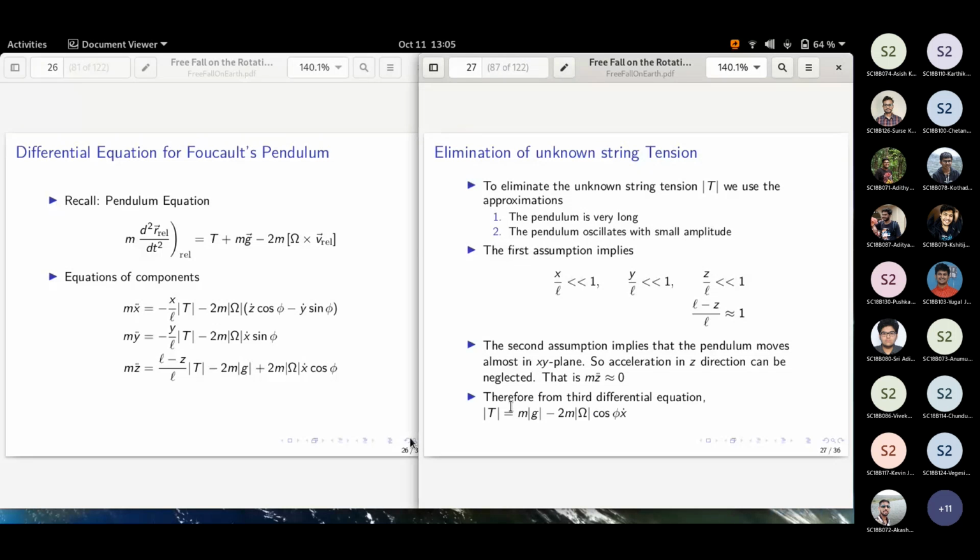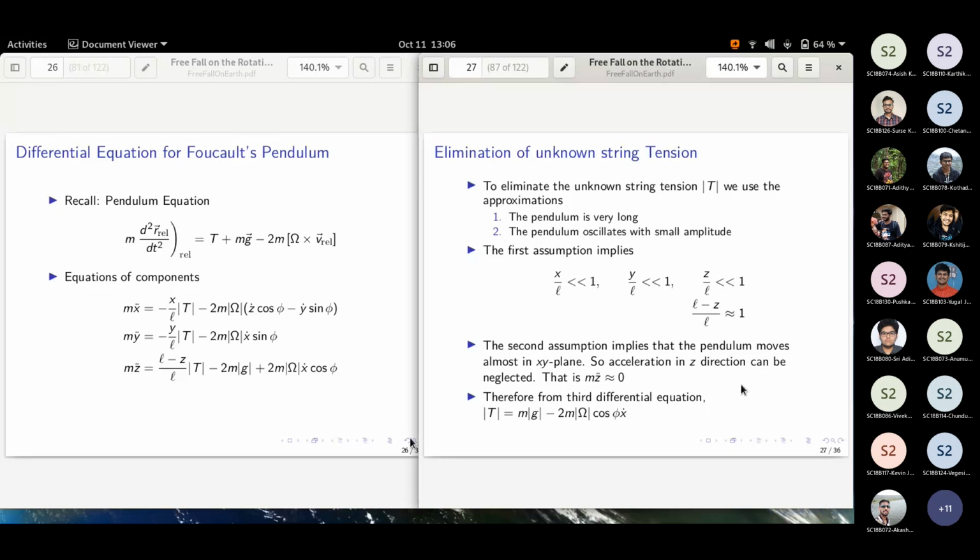So this quantity is for modulus of T. Sir, shouldn't we take z dot equal to 0 also? Probably we can take z dot also 0, but we don't require it now. When we substitute in this equation, we don't immediately require it.